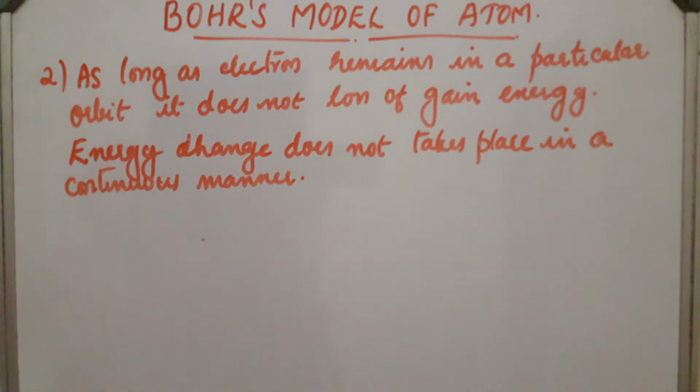Whenever it absorbs energy, it jumps from a lower energy level to a higher energy level, or it emits energy when it moves back from a higher energy level to a lower energy level. This is the second point.